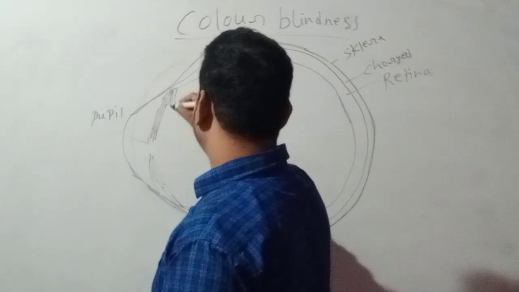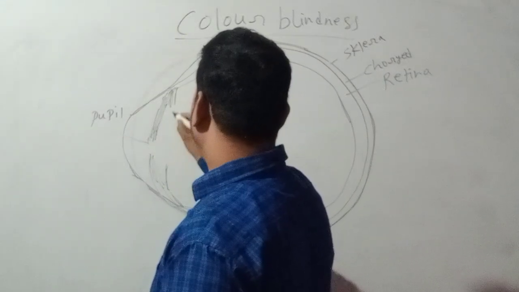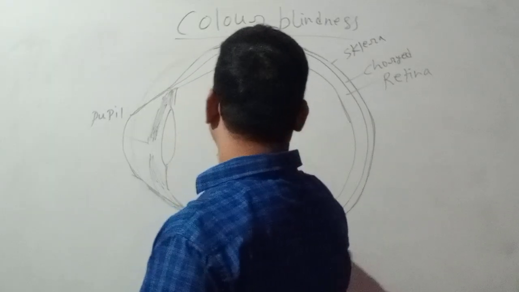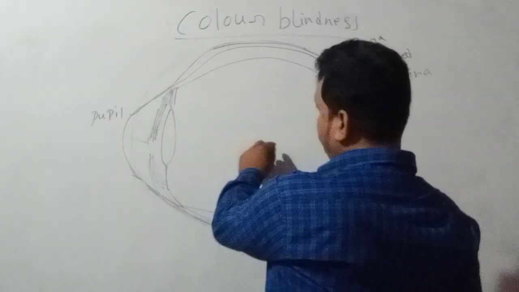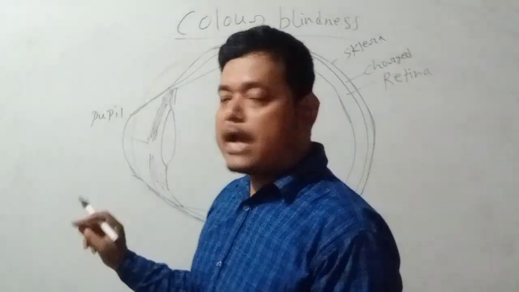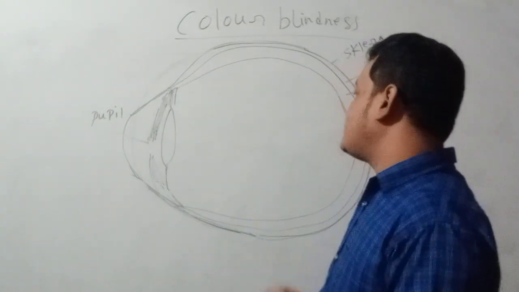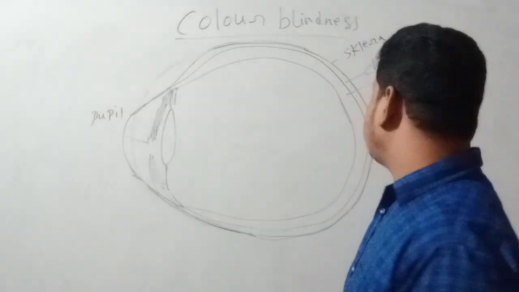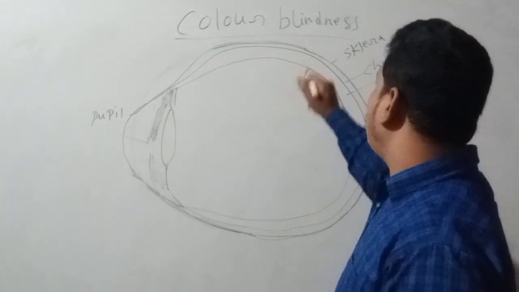There is the suspensory ligament, and there is the lens in our eye, and there is a liquid called vitreous humor, and in front of this there is also a liquid called aqueous humor. We will discuss this topic descriptively in another class. Today we are going to learn about color blindness.